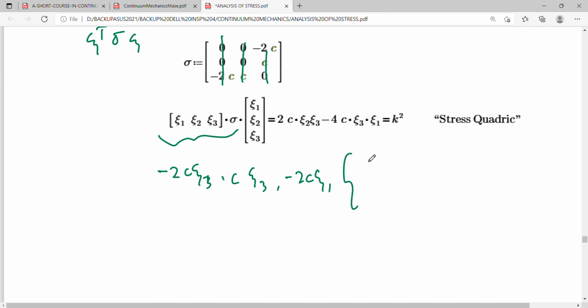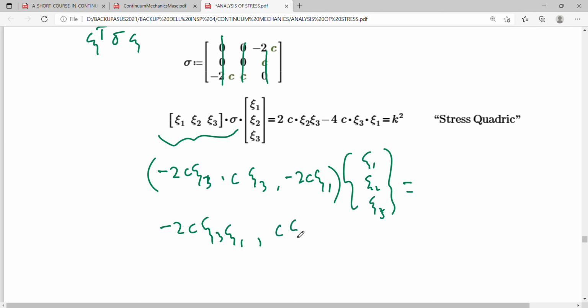And then I will multiply it to cassis of 1, cassis of 2, cassis of 3. I will get now, what? This multiplied by this becomes minus 2c cassis of 3, cassis of 1, and then comma, c cassis of 3, cassis of 2, and then comma, minus 2c cassis of 1, cassis of 3, equals k squared.